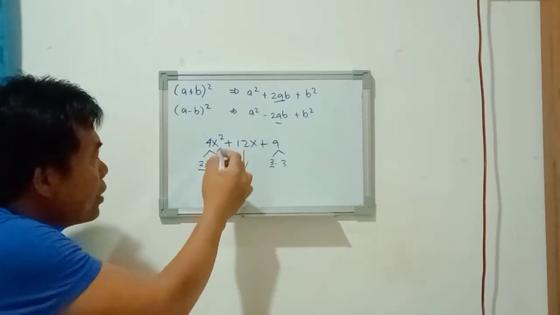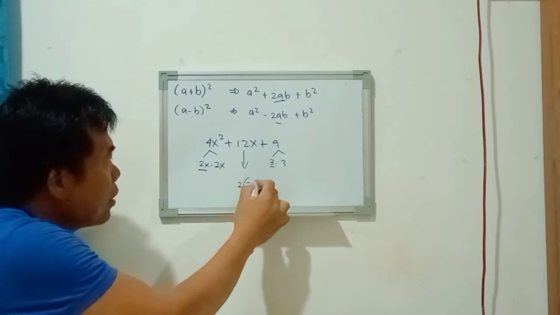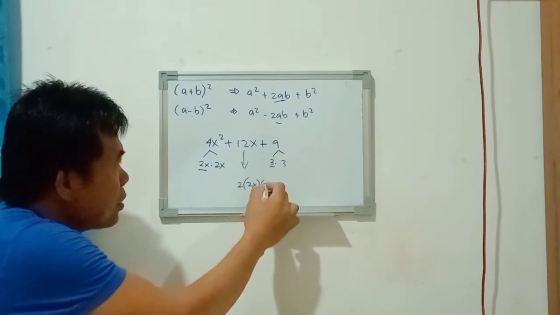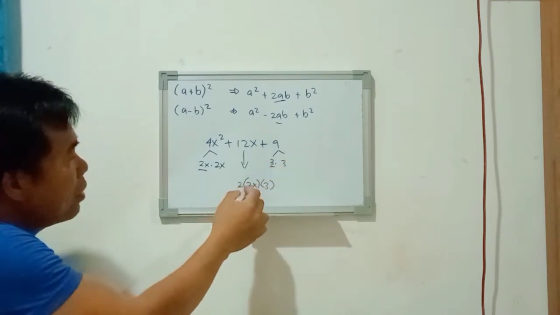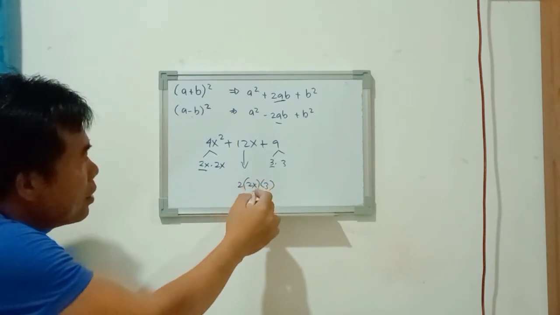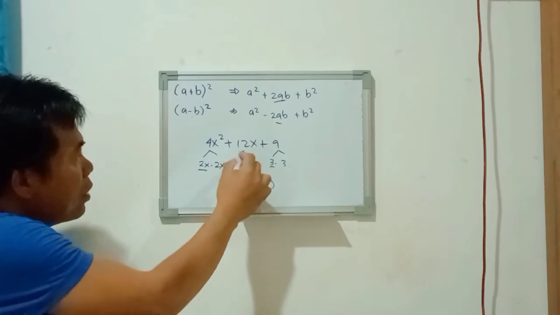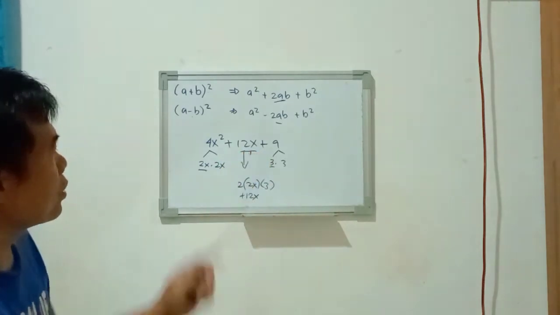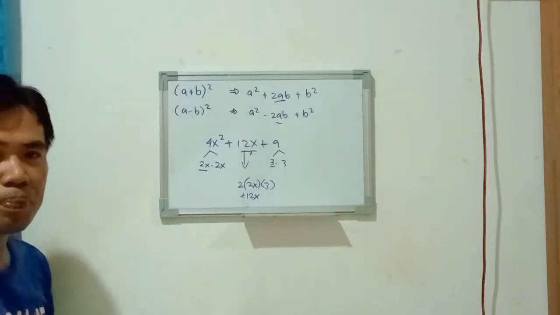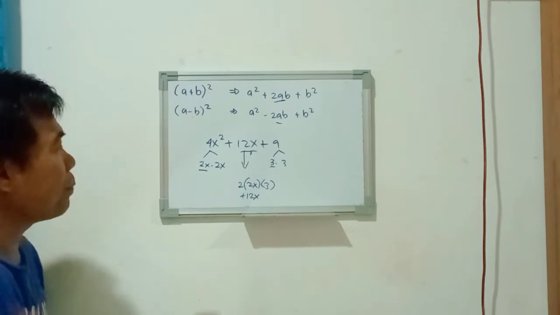So the square root of the first term is 2x. The square root of the last term is 3. So 2 times 2x times 3 is equal to positive 12x. Therefore, this trinomial is a perfect square trinomial.